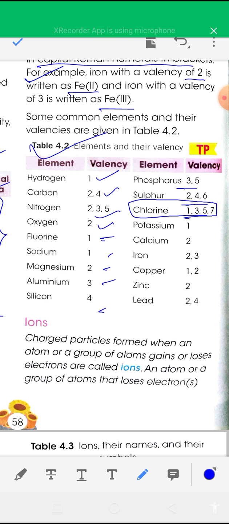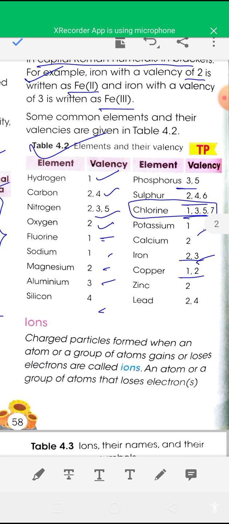Potassium has valency 1, calcium has valency 2, iron has valencies 2 and 3, and copper has valencies 1 and 2. So the valencies of some elements are given in this table, you can see.